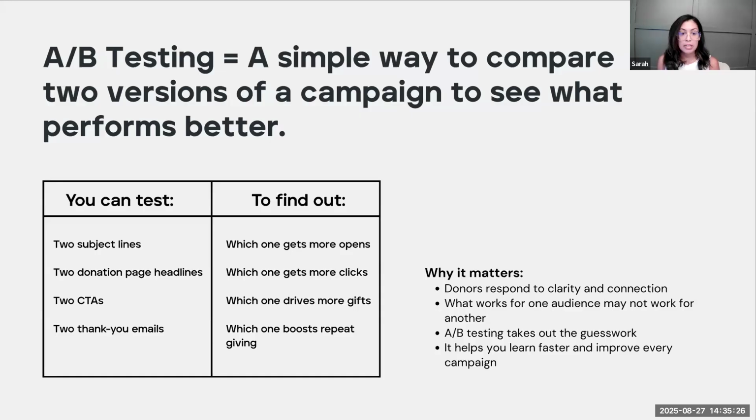This matters because it makes your engagement with your donors smarter. You're not starting over every time. You're building on what you found works. And if you are part of a small team or a one-person team, that can honestly be a game changer in terms of how much time and effort you put into thinking of the next campaign and the next messaging to go out.